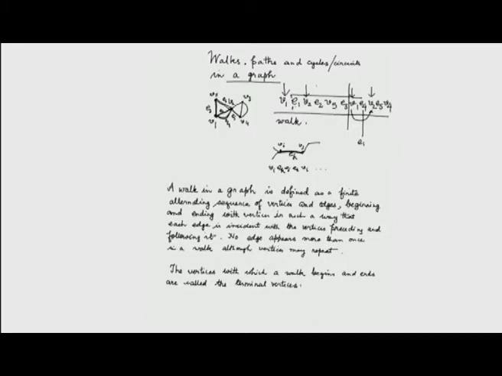Now, we have to be careful that the terminal vertices need not be distinct. So, there is a classification of walks in terms of the fact whether the terminal vertices are distinct or not. If we have a walk in which the terminal vertices are distinct, then it is called an open walk.